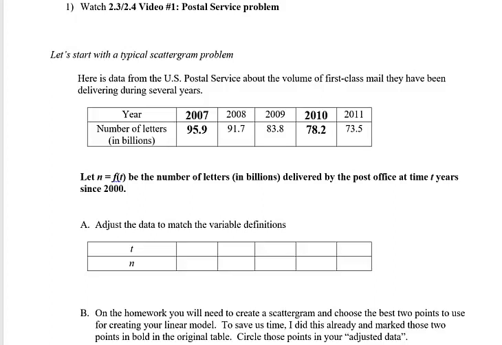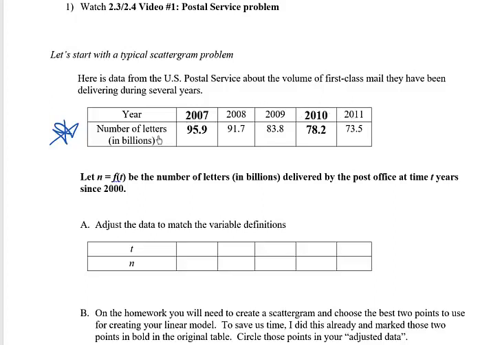Let me start out with a scattergram problem here. The scenario is somebody is interested in studying the U.S. Postal Service and specifically how much mail they've been delivering during several years. You can see here in the table, someone has collected some data for various years from 2007 to 2011.